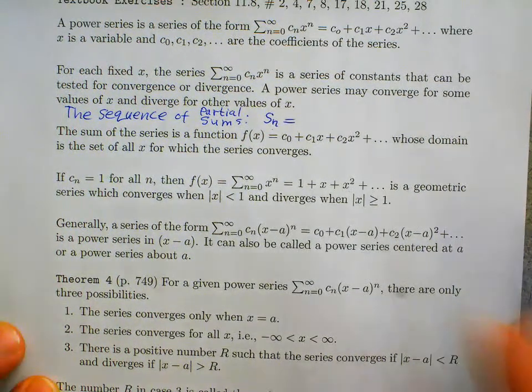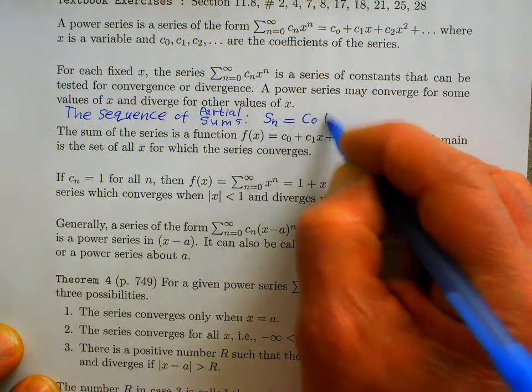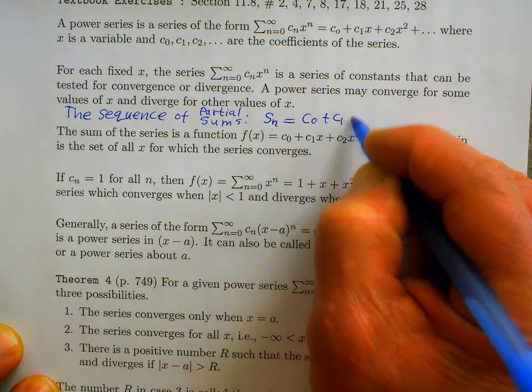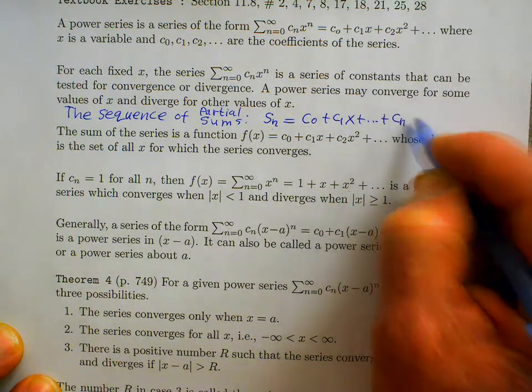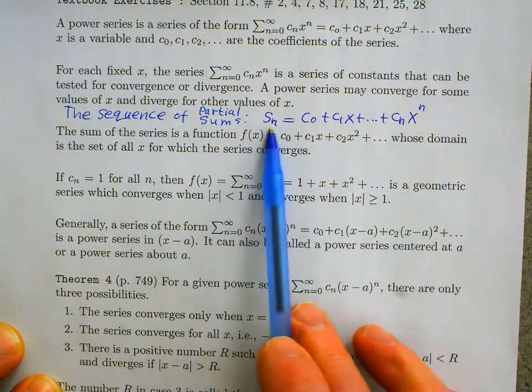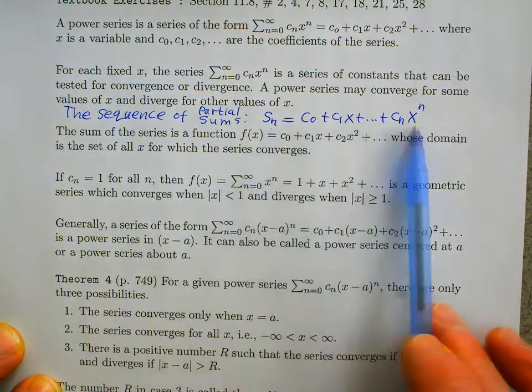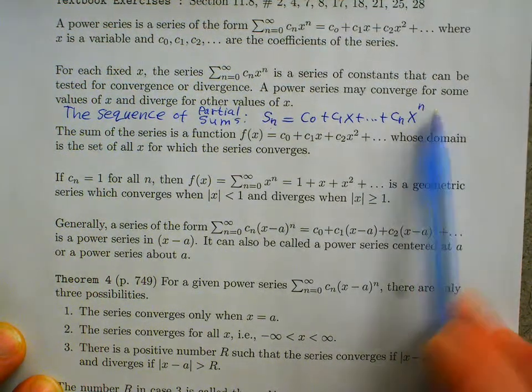Well, if n equals 0 is where we start, then c sub 0 plus c sub 1 times x, and so on, and c sub n times x to the n. So this partial sum is just a polynomial of degree n.